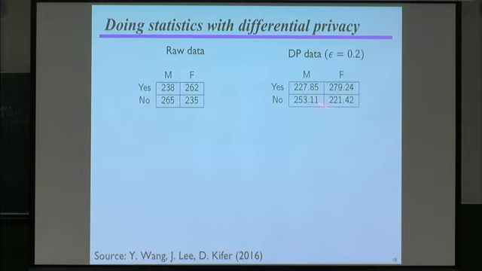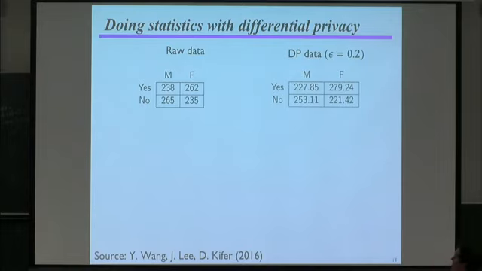On one hand, this seems like a reasonable thing to do. Individually, these counts aren't that far off. But it turns out that if I want to answer various statistical questions based on them, I do have to be careful. So for example, suppose I wanted to run an independence test based on these statistics.